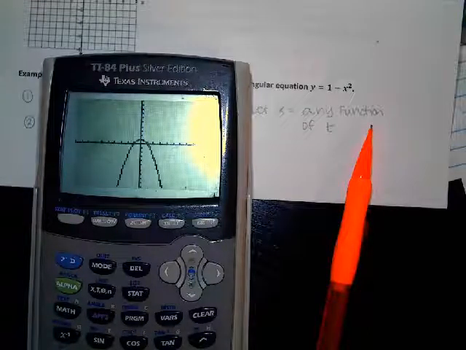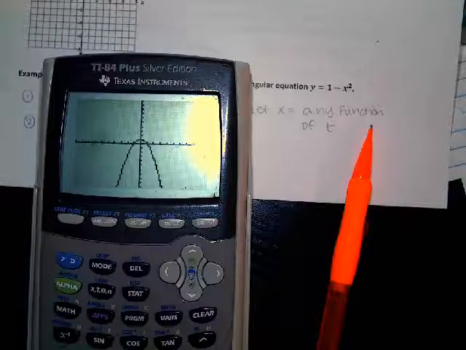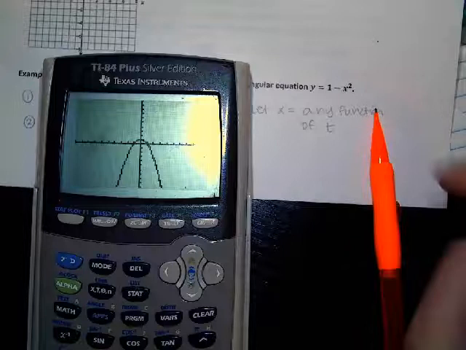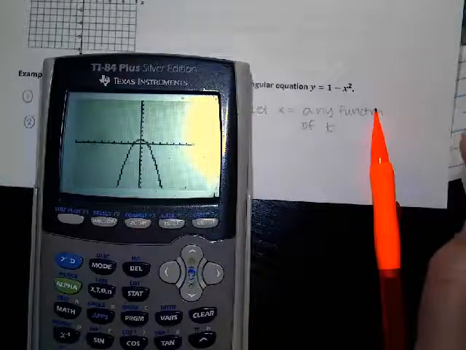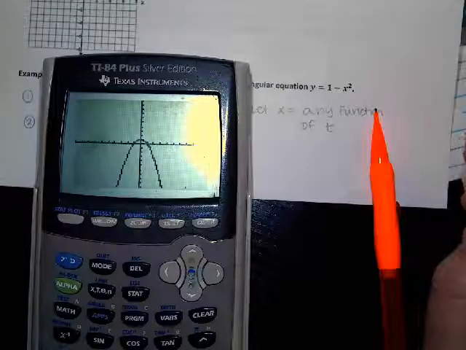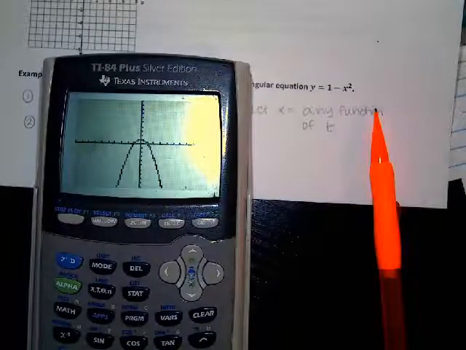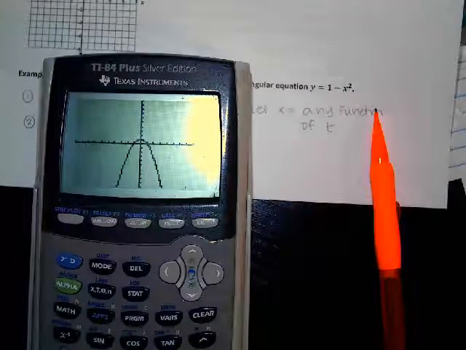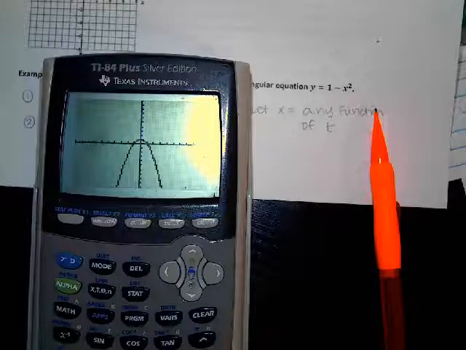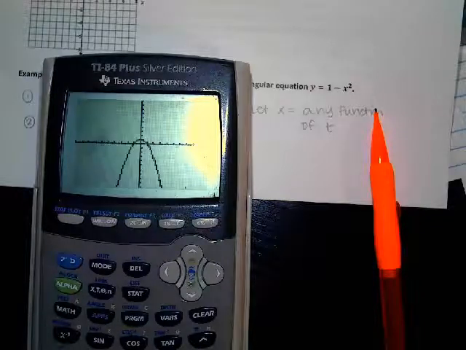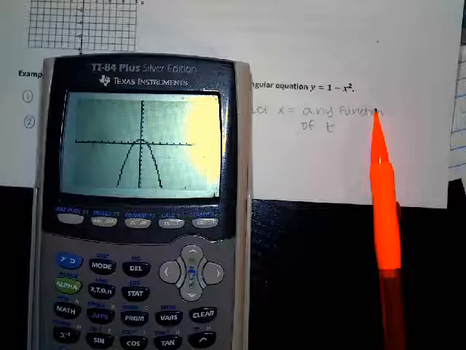Remember when we were finding the area under a curve, we were finding rectangles. We said it was more efficient to find fewer rectangles, but it was more accurate to find more rectangles. So we have to look at a compromise between the two, finding a number that is efficient but still accurate. There's a happy medium there.